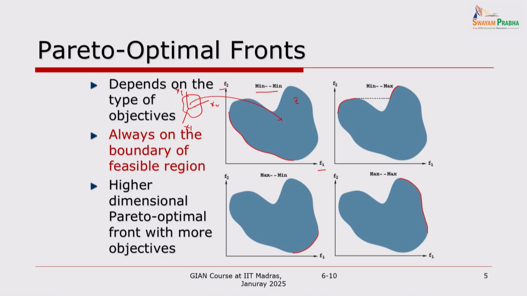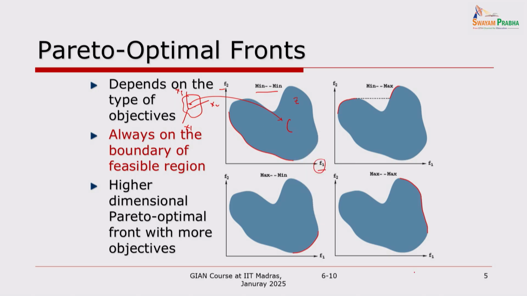Remember that cantilever beam I showed you? There is a variable space and there is an objective space. This is the objective space. Every time I have F1, F2, it means it's an objective space. But there is an implied variable space from where I am getting these blue points, and these are all feasible points for the variable space coming here. There can be holes inside also, but let's take a simple situation here.